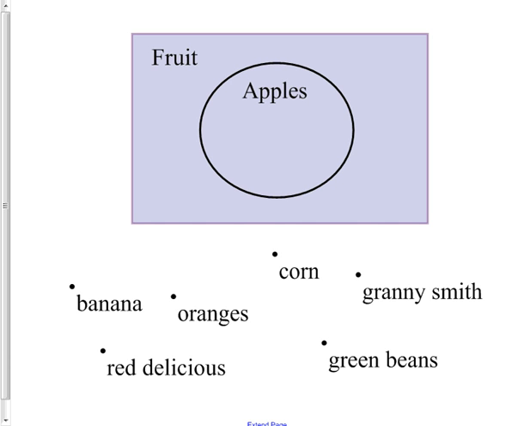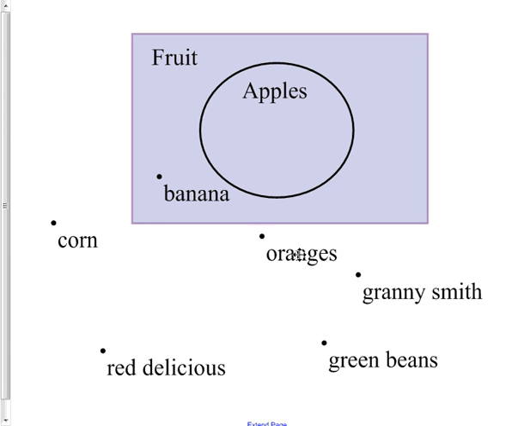Okay, so let's start moving stuff. Where do these things belong? I would encourage you to pause it and try to think about where these things would go. Banana is going to go in the fruit section, not in the apple section. Corn is not a fruit, so we're just going to keep that outside. Oranges are fruit. They're going to stay in the fruit section, but not in the apple section.